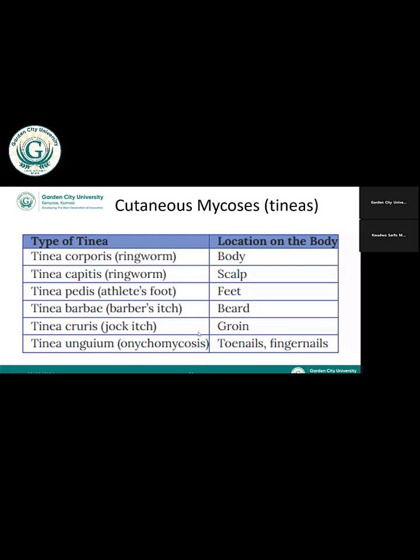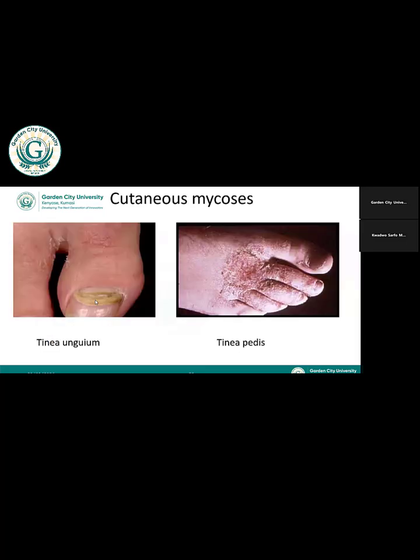Then sometimes you have the toenails and fingernails affected, and that is tinea unguium or onychomycosis. So this is a typical example of tinea unguium, which affects nails. It can also affect the fingernails.